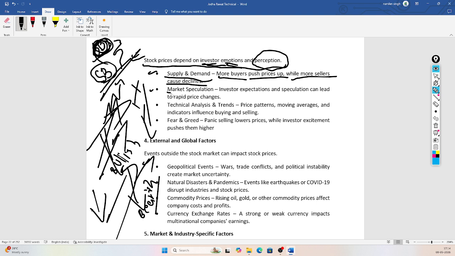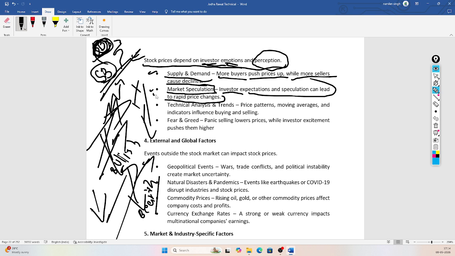Now, market speculation. Investor expectations and speculation can lead to rapid price changes.